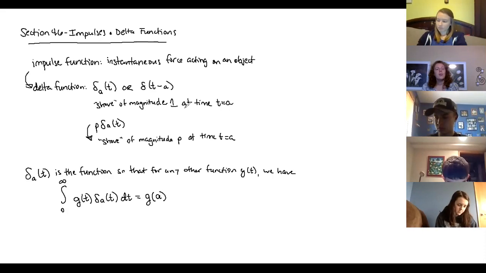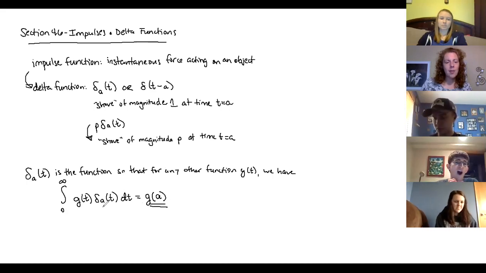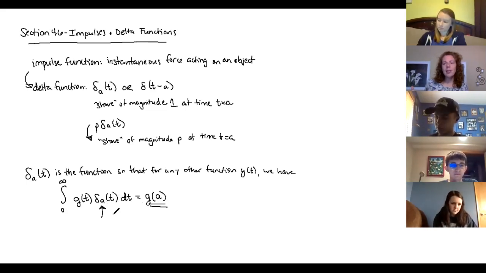What's going on is I want to get the value of the function that I am working with, g of t, when the impulse happened, and then I want zeros everywhere else. So that's the definition of this function.